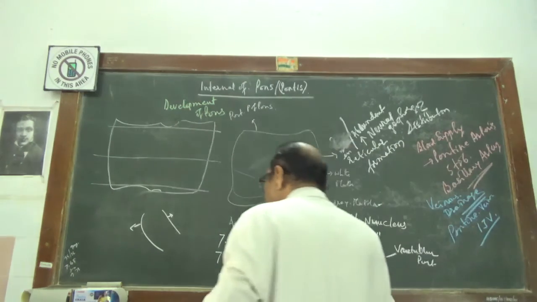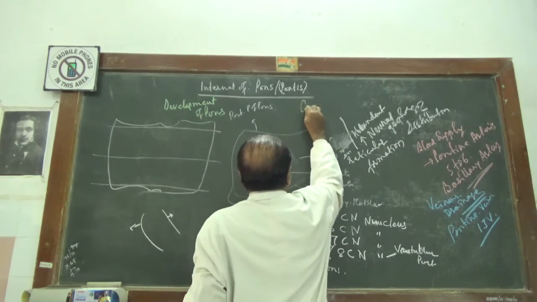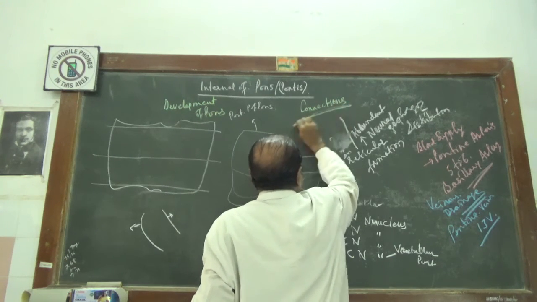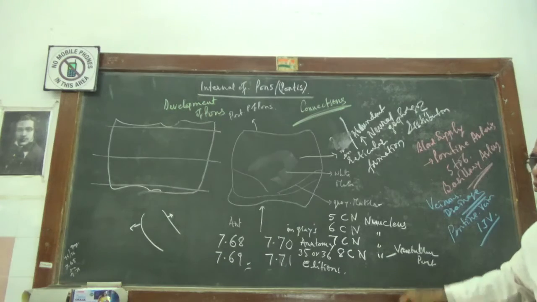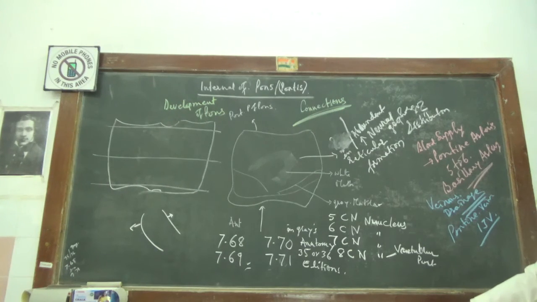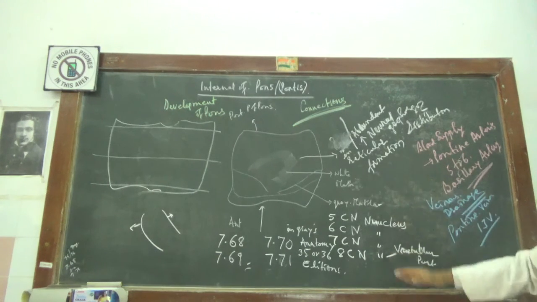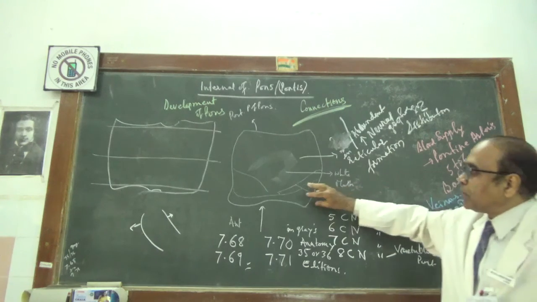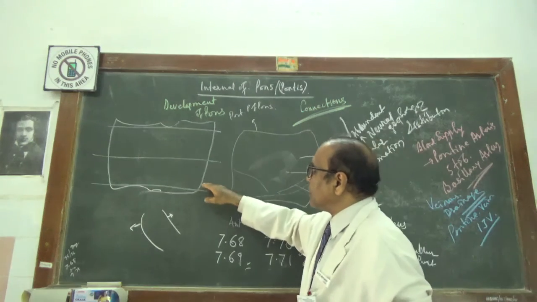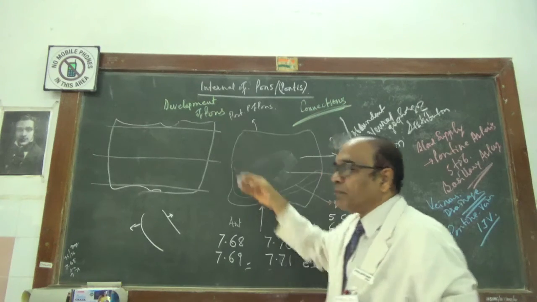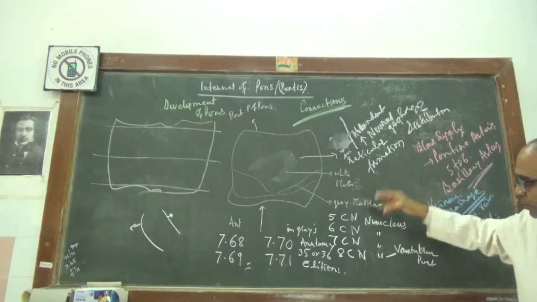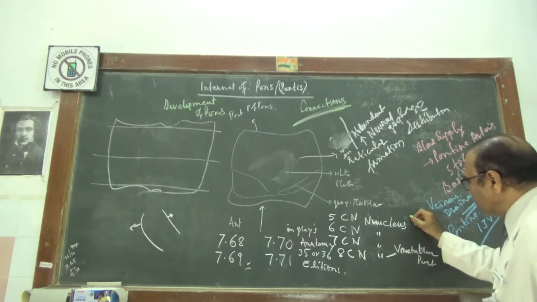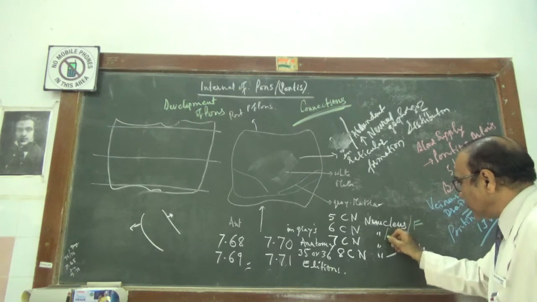Then you have to deal with the connections. Now, to know these connections, you should know the internal structure very properly. These connections are either efferent or afferent. From the internal part of the pons, either the lower part, middle part or the upper part, whichever cranial nerve nuclei are there internally will give rise to fibers in connection with the connections.